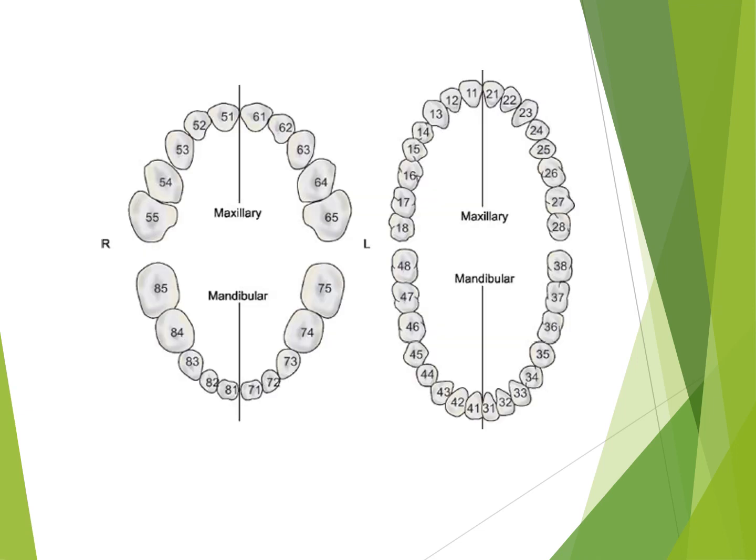For example, the right maxillary quadrant is designated as 1. The left maxillary quadrant is designated as 2. So all the teeth in the left maxillary quadrant will begin with 2 as the first digit. All the teeth in the mandibular left quadrant will start with 3 as the first digit, and you can see 4 is the first digit for all the right mandibular teeth.